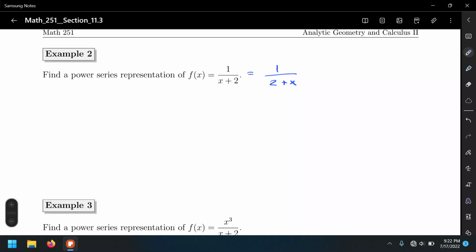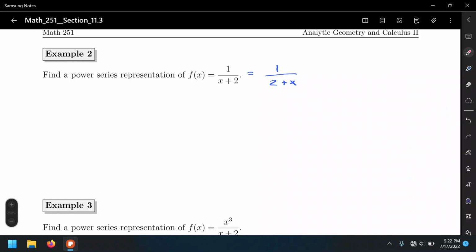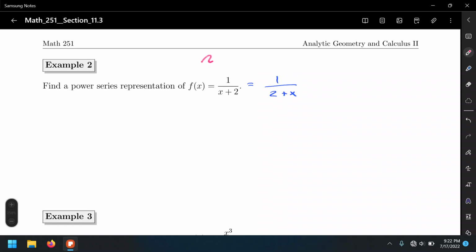In order for us to be able to use the geometric series form, it needs to look the following way: sigma n equals 0 to infinity of u to the n equals 1 over 1 minus u. But in this case, we have a plus, and on top of that we have this 2. So we need to get rid of that too.